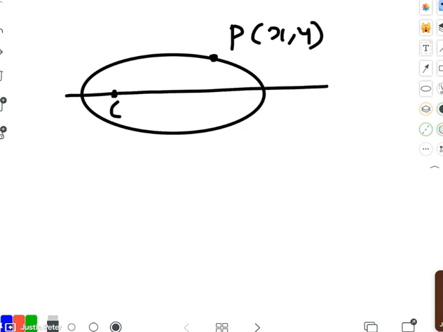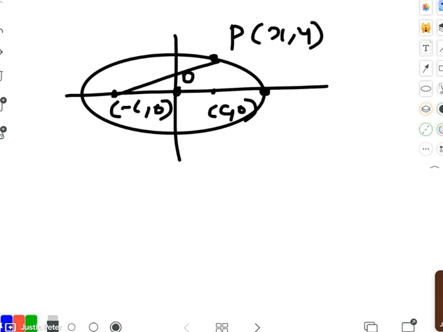The foci are going to be on the x-axis. The center is the origin. What will be the sum of PF1 and PF2? It's going to be 2a.